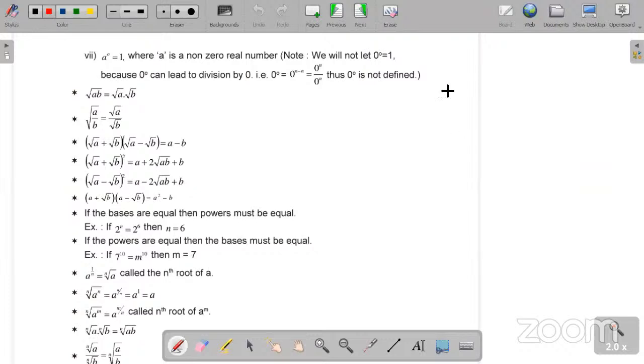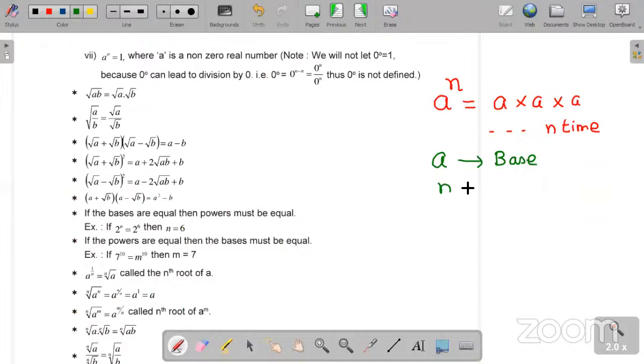See, one thing, my dear students: a to the power of n means a into a, and so on, n times. Here in this case, a is called the base. n is called the exponent.